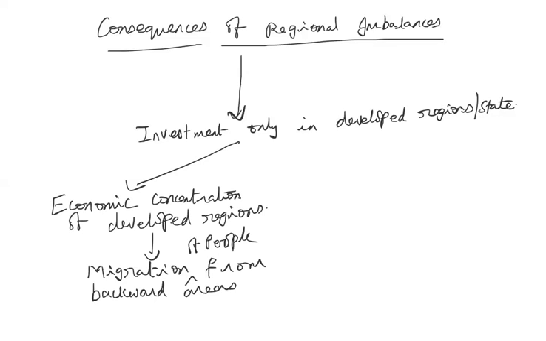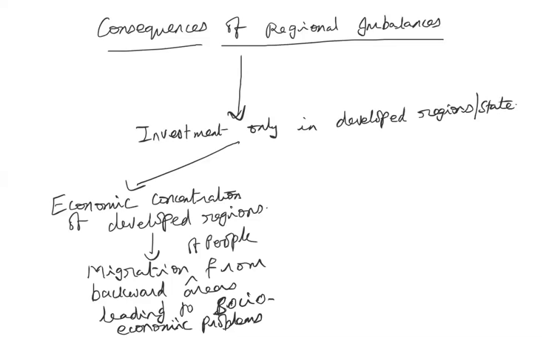This leads to socio-economic problems: shortage of water, no proper sanitation facilities, all the problems of urbanization and overcrowding. So this leads to socio-economic problems in those developed regions also.